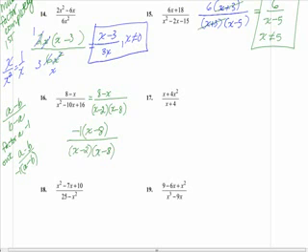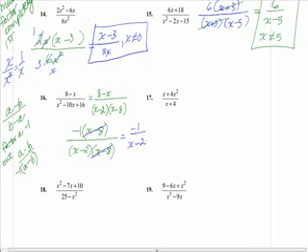What's going to cross out, Justine? X minus 8. Good. So the x minus 8's go away, and we can leave this as negative 1 over x minus 2, or we can distribute this minus through the bottom. You don't have to.